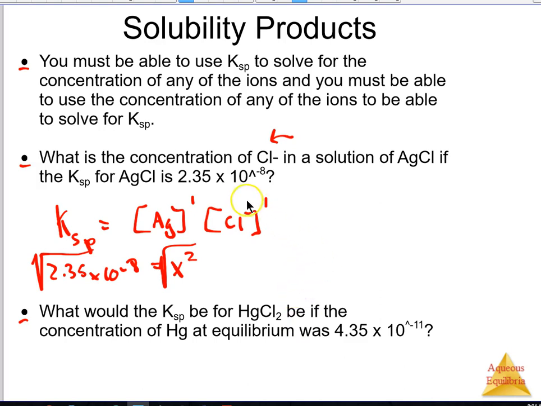If there's a subscript, you would divide by 4, and then cube root it.